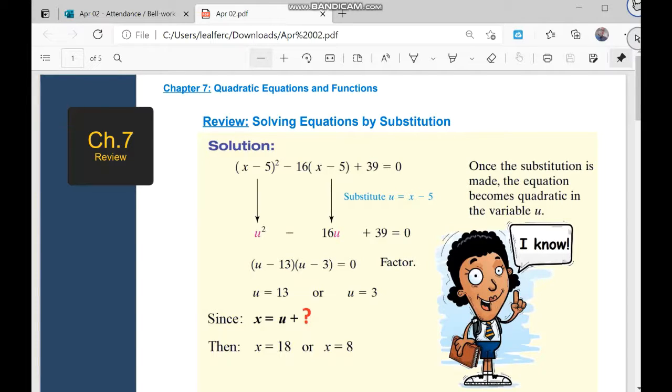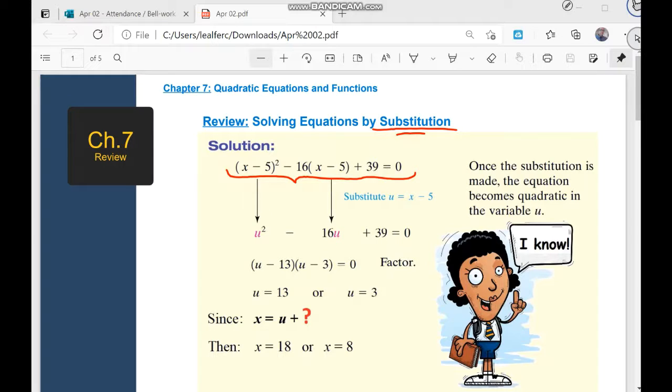If you remember, yesterday we solved this long, very complicated equation: (x - 5)^2 - 16(x - 5) + 39 = 0. It looks complicated, but there's a strategy you can use to make it a bit easier, the substitution strategy.